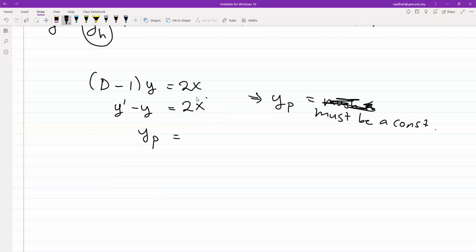So dia ada x term. Maksudnya apa? Kalau saya buat y, saya ambil ni, y prime ni dia non-zero. So meaning that kalau saya buat macam ni, non-zero, so ini dia mesti ada dengan x dan juga x possible.